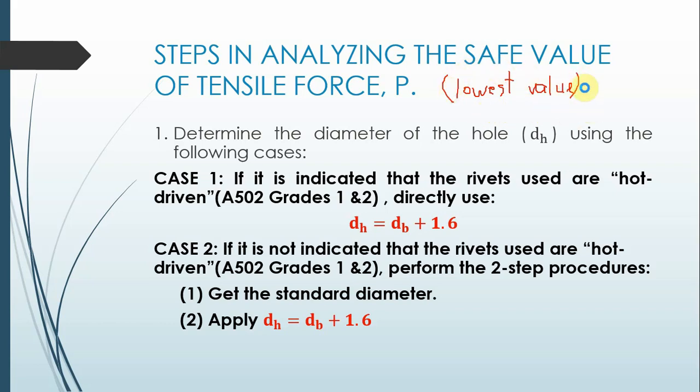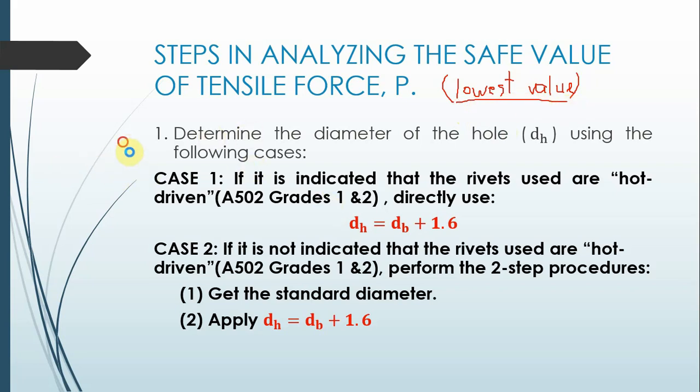It cannot be the larger value. Because at the lowest value, our tension member will fail. What if you chose the larger one? Then the member would already fail in that mode of failure, before reaching the strength. So it means we need to get the lowest value.